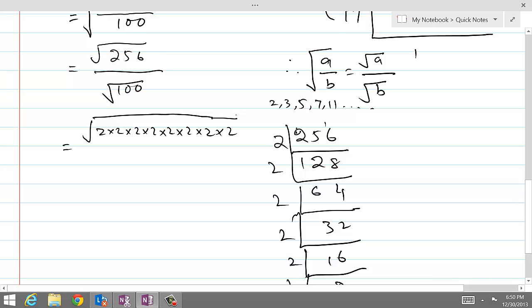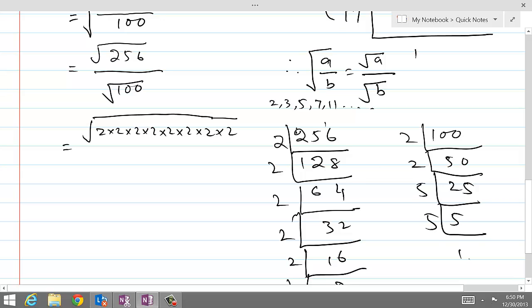And 100, obviously, if we can do the same thing, but we know that the square root of 100 is 10. If you want to do that by prime factorization, this is 2 times 50, 2 times 25, 5 times 5, 5 times 1, and here we have 2 times 2 times 5 times 5, and then let's make pairs.